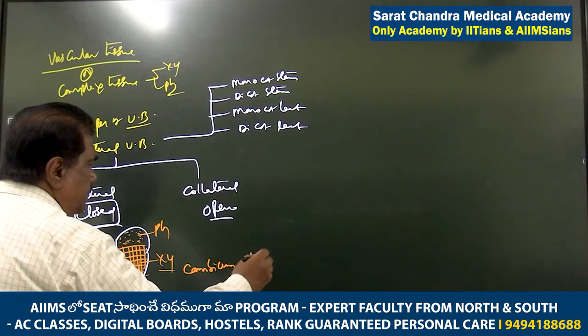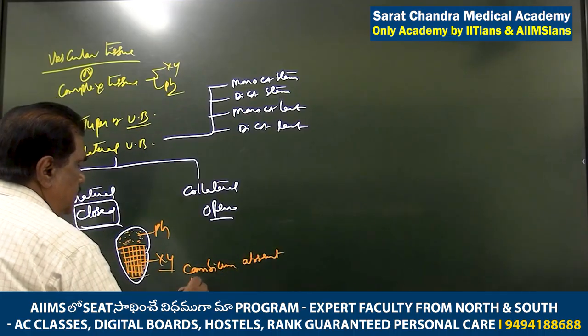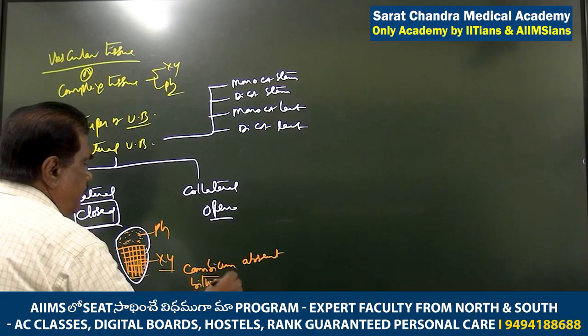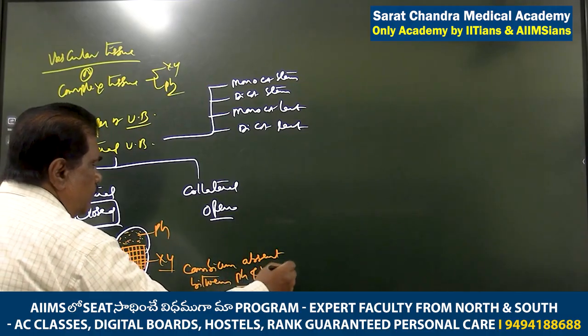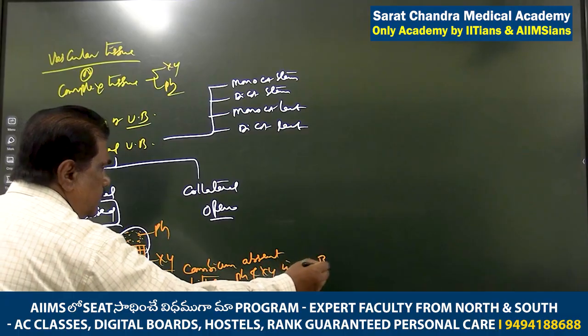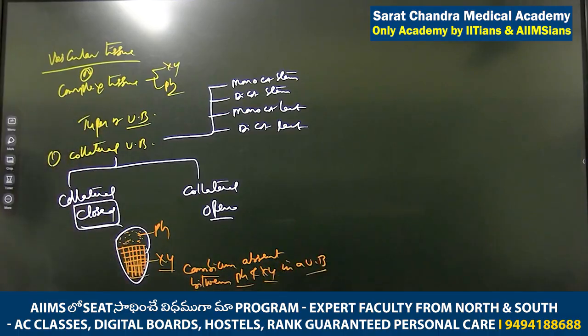Cambium is absent between phloem and xylem in a vascular bundle. Such kinds of vascular bundles are called collateral closed or conjoined collateral closed.